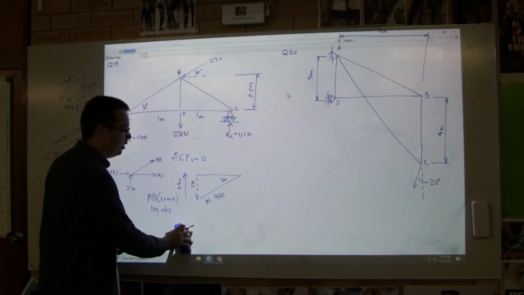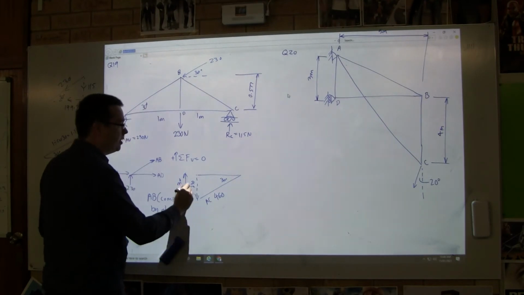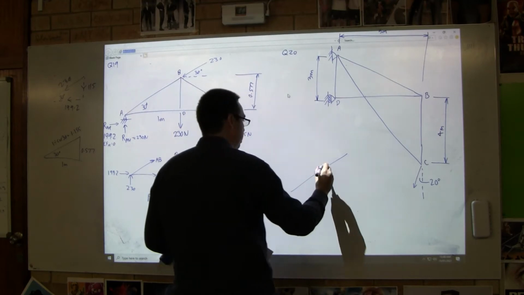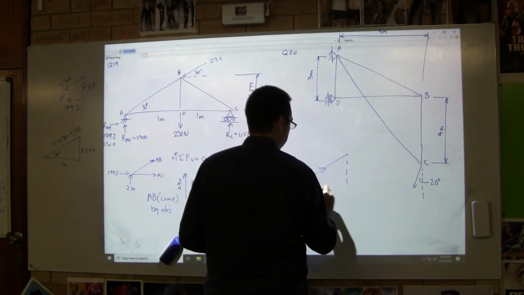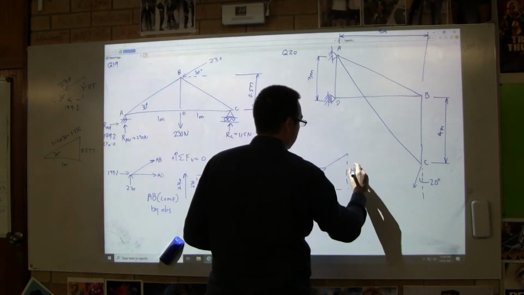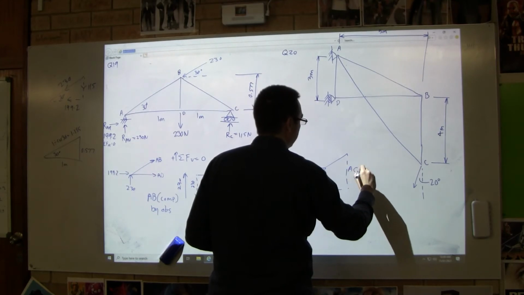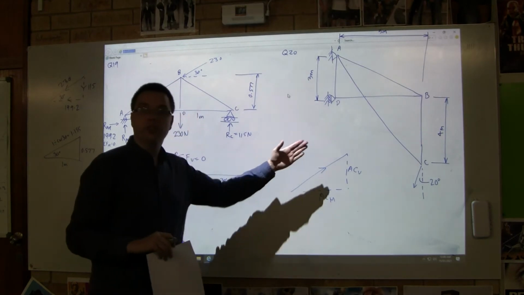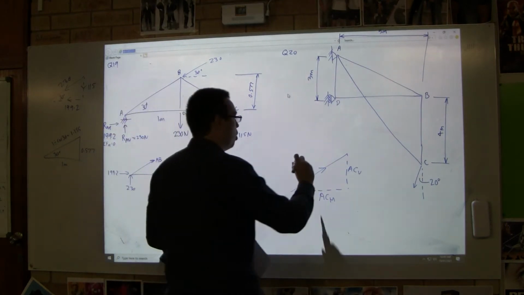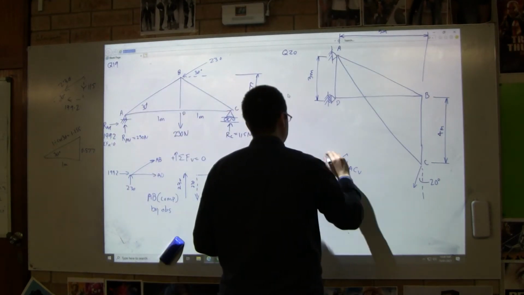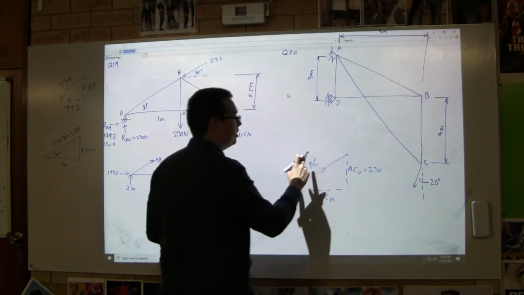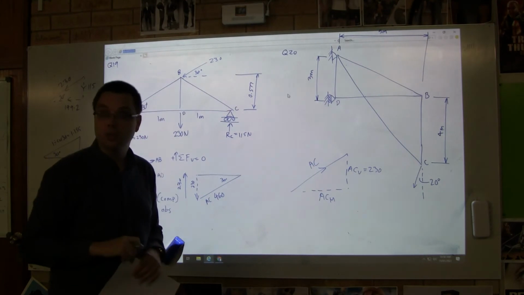So just to be clear here, what's going on here? This is AC vertical. I'm just going to draw that out again. We know that AC is going to be looking something like this. This is AC vertical. This is AC horizontal. We need to be able to figure out what is the value of AC proper. If we know that AC vertical equals 230, well, this is going to be bigger than that, right?